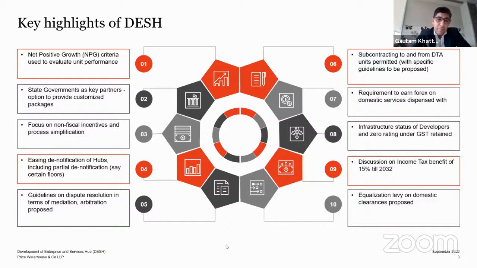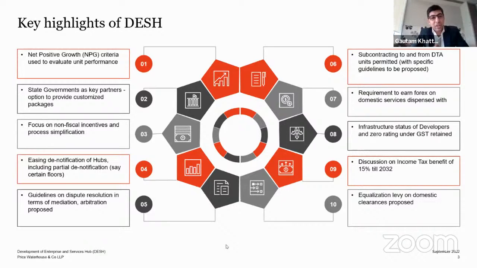Also, as I mentioned earlier, state governments now need to play a key role, and therefore there will be a larger collaboration with the states to provide fiscal and non-fiscal benefits. An example here: a lot of states today have a state policy. They incentivize based on investment, and these incentives could be GST benefits or refunds on output, stamp duty, electricity, land at a differential price, or electricity duty.